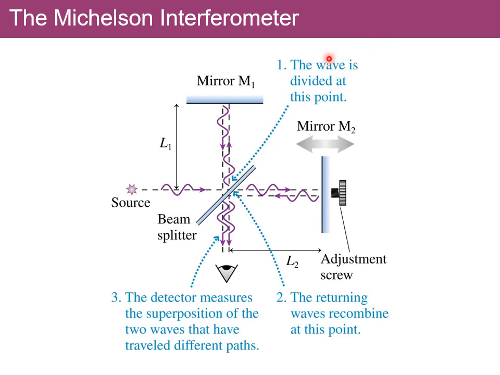The two beams are recombined and then detected. The resulting superposition of the two waves, traveling different paths, can then be observed.